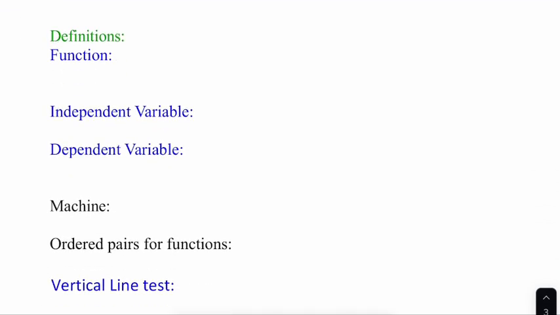Okay, so let's look at some definitions that we need. So function, remember, every x is paired with exactly 1 y.